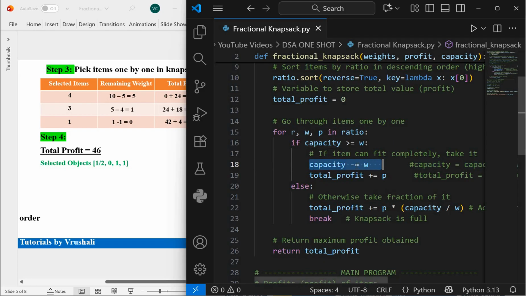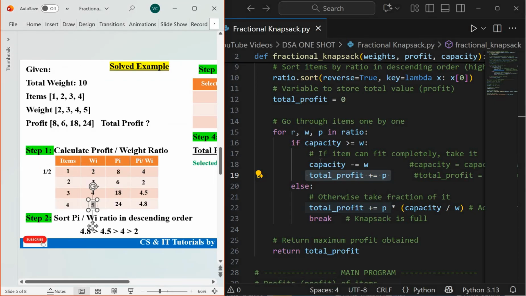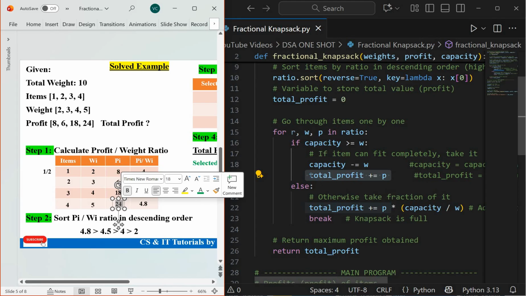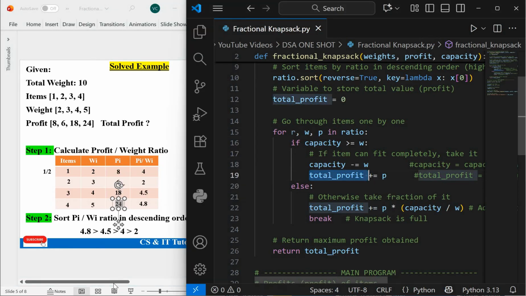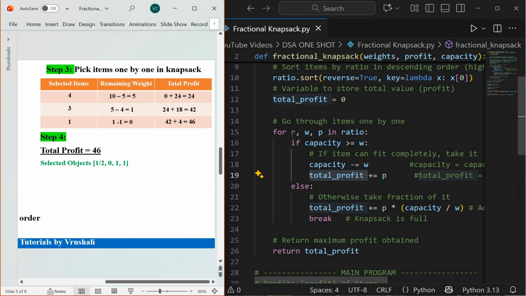For that purpose we are using this formula: capacity minus weight, 10 minus 5. Now our remaining capacity is 5. Similarly, you have to calculate the total profit. Initially our profit is 0 and item number 4's profit is 24, so 0 plus 24, our total profit is 24.